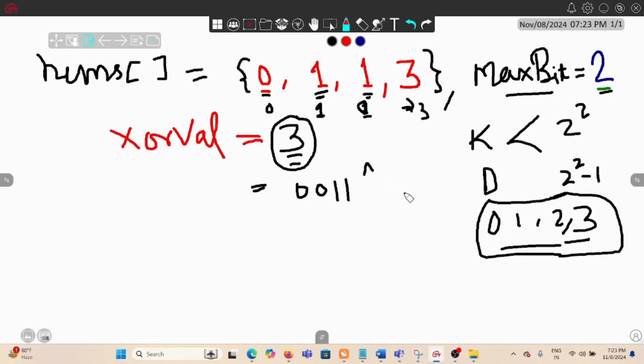Then what to do? We can get one trick here: our maximum value is 3, so we can write this as 0, 0, 1, 1. This is the maximum value. Guys, you see here, these are 2 bits in this case.